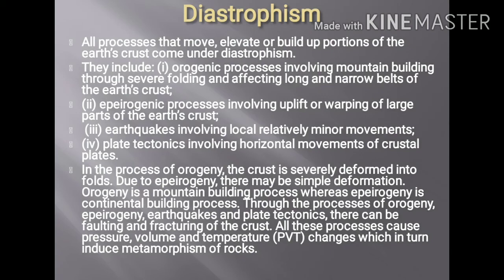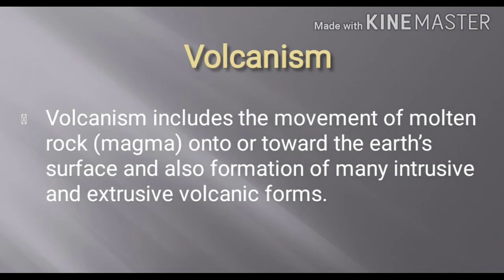All these processes cause pressure, volume and temperature changes, which in turn induce metamorphism of the rocks or change in the rocks. So basically, orogeny involves mountain building and epeirogeny involves the continental building process, and all these processes bring changes in the rocks. Second one is volcanism.